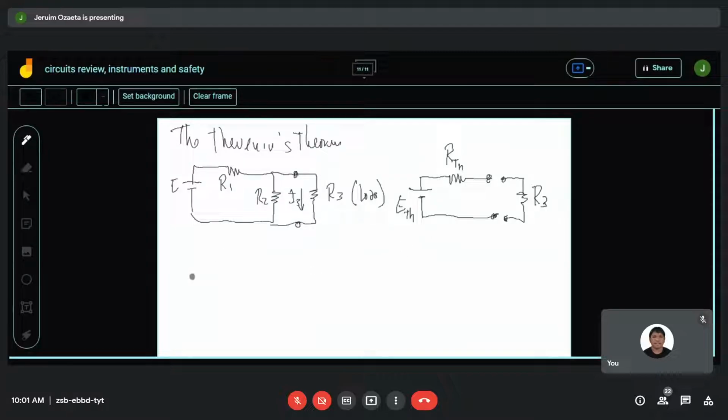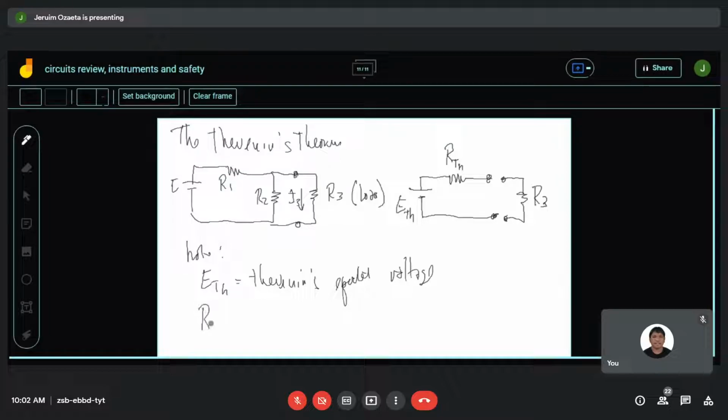Okay? Note, E sub Th is the Thevenin's equivalent voltage.